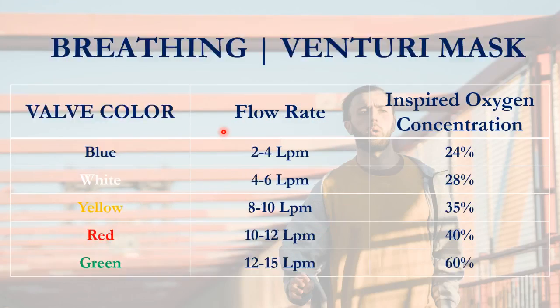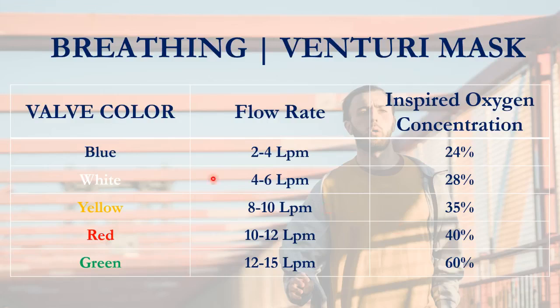Next, in terms of the Venturi mask and the valve colors, we have five commonly used valve colors in the healthcare setting: blue, white, yellow, red, and green. Each color corresponds to a set flow rate, and each color also administers a specific oxygen concentration.